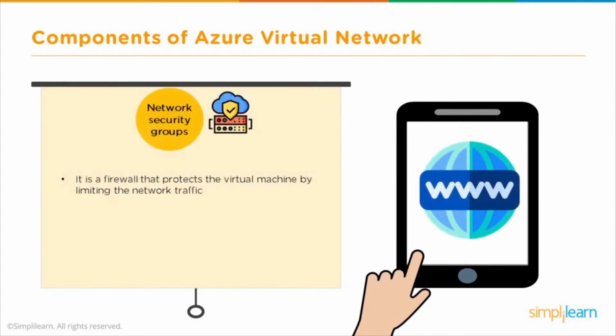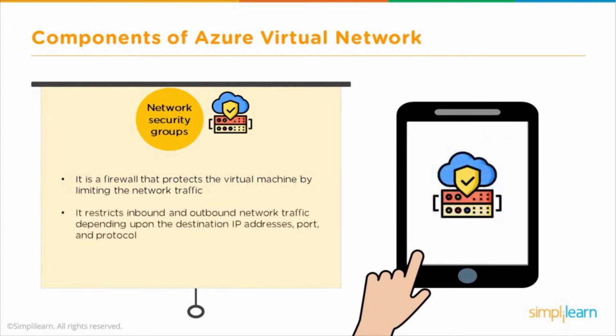Then you have the network security groups. It is a kind of firewall that protects the virtual machine by limiting the network traffic. It restricts inbound and outbound network traffic depending upon the destination IP address, port, and the protocol. The network security group sits on the instances or virtual machines, and defines how the traffic should reach the ports on the virtual machine.